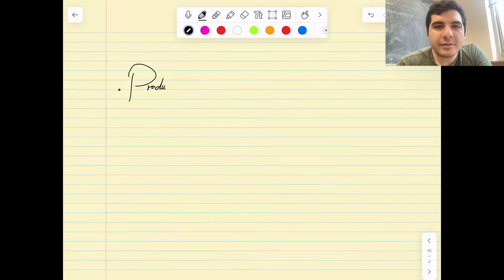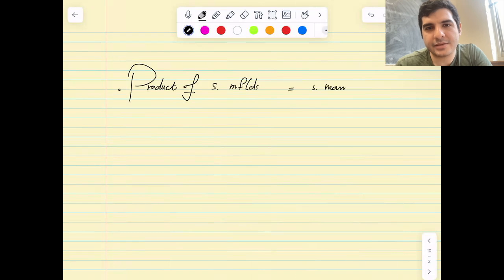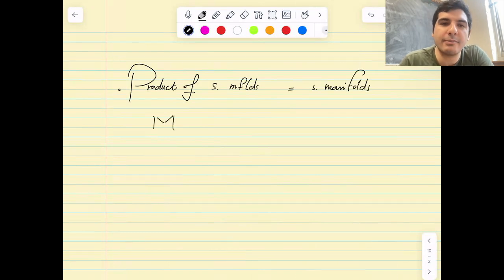Okay. Now, when we have some manifolds, using them, we can construct new manifolds. For instance, through the product of smooth manifolds, we can get new manifolds. So the product of smooth manifolds can be equipped with a manifold structure. Let's say M1 and M2 are two smooth manifolds.